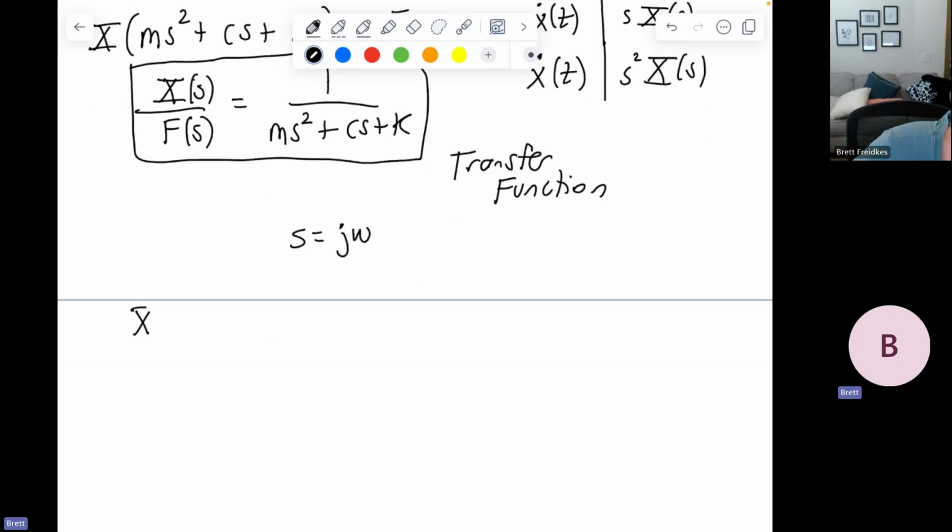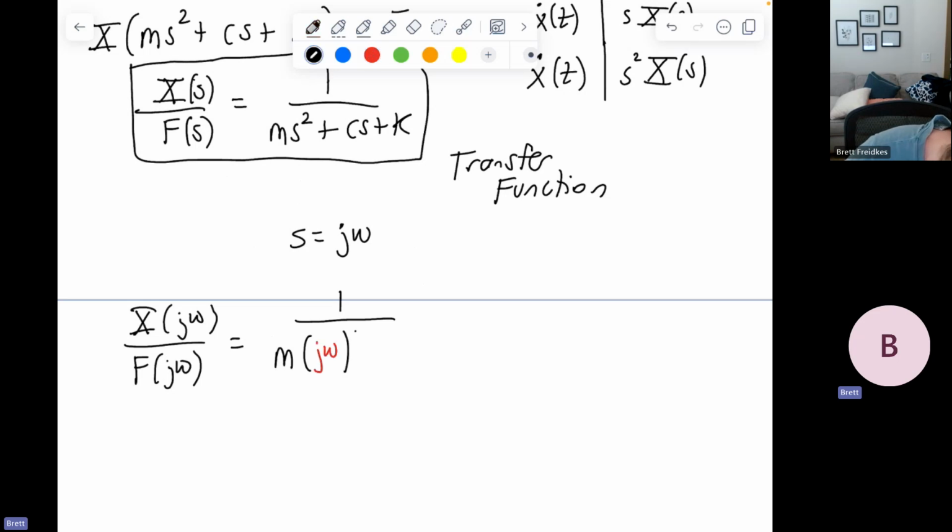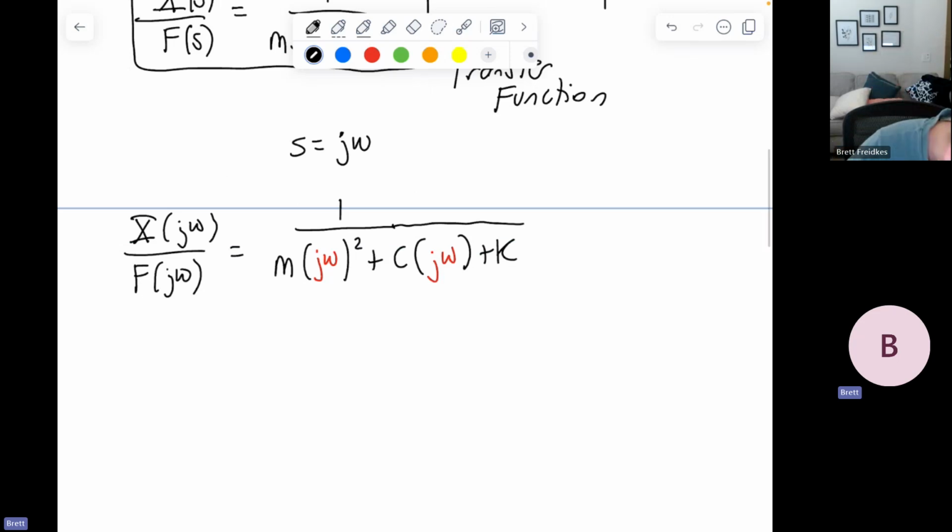So I will do X of j omega over F of j omega, and we'll go ahead and plug that in for S. I'll notate that with red. We'll get 1 over m j squared omega squared plus c j omega plus k.